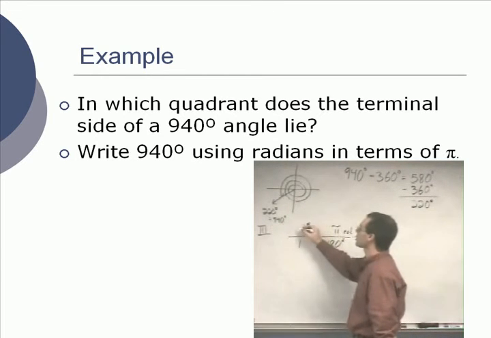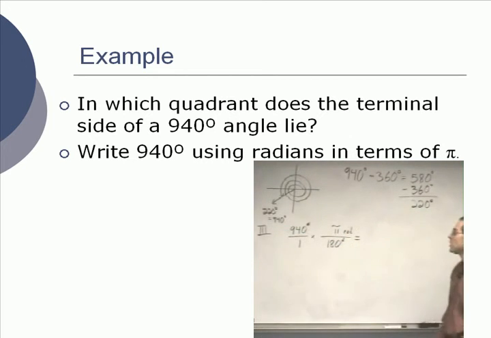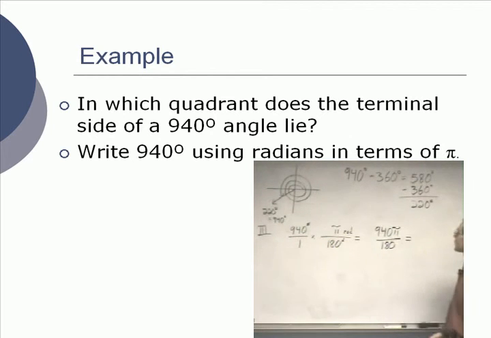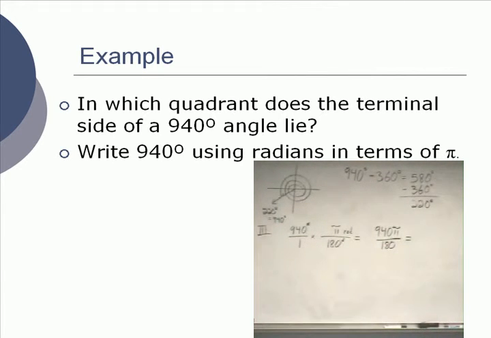Now to answer our other question, what is that in terms of a fractional radian measure? 940 pi over 180. Those will reduce down. What is it? I've got to check my notes because I don't remember what that works out to.